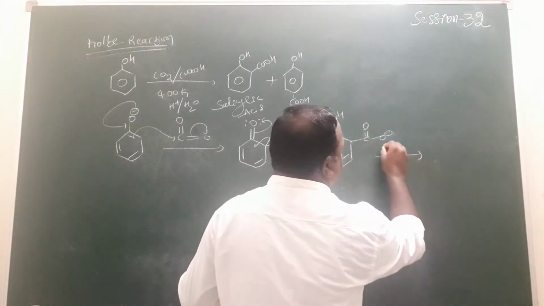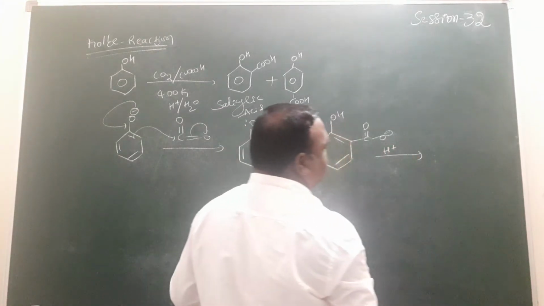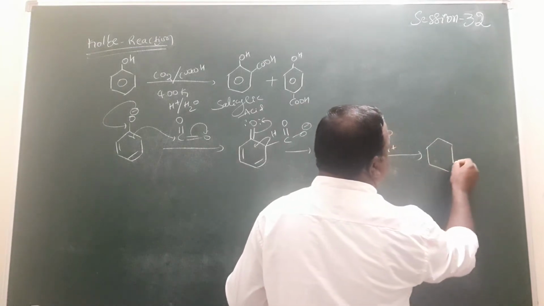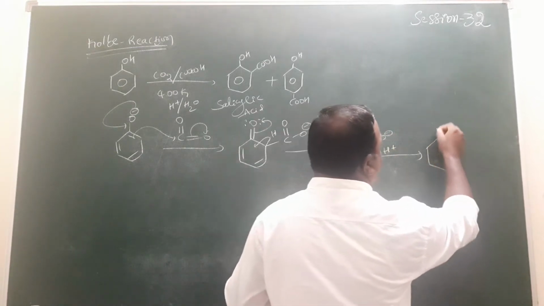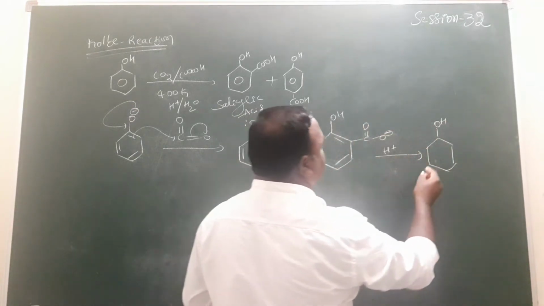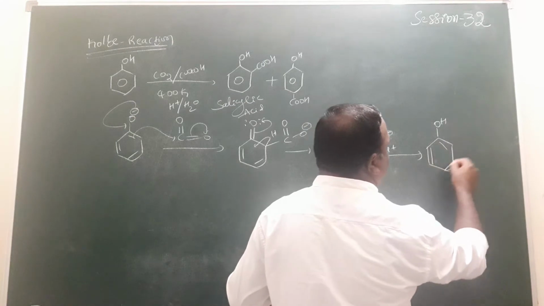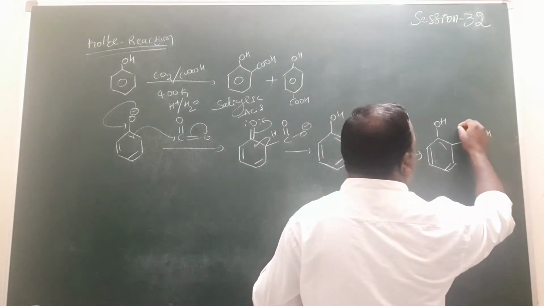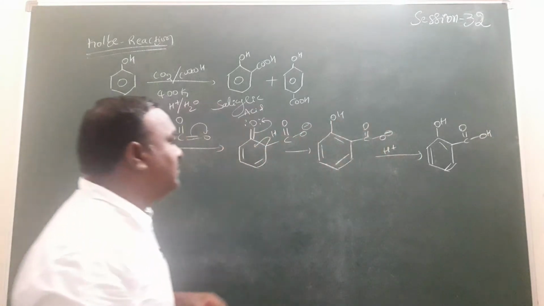The final step is the acid hydrolysis step. In the acid hydrolysis step, the nucleophile attacks that H plus at O minus, and it converts into C double bond OH. Salicylic acid is formed here.